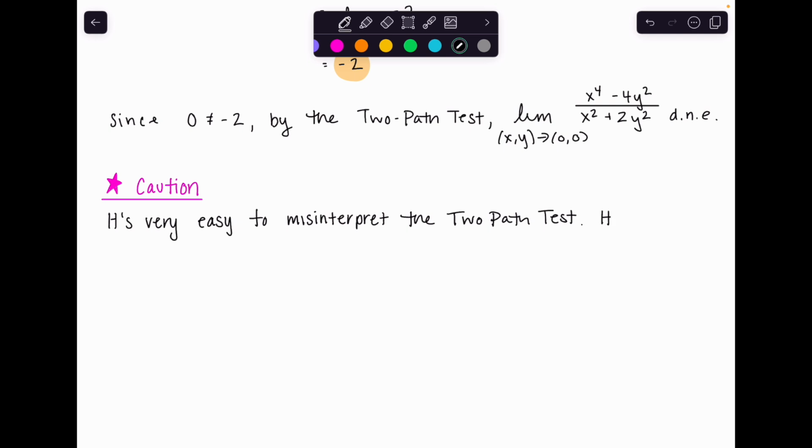It tells us nothing, emphasis on nothing, about a limit existing.